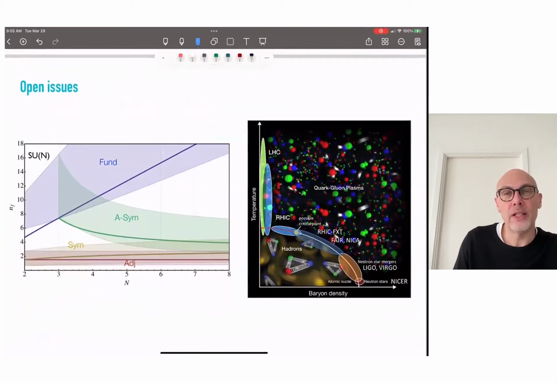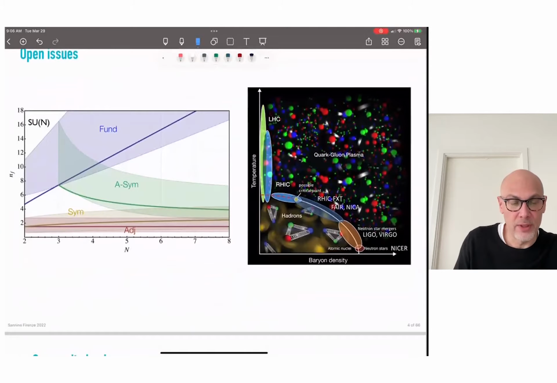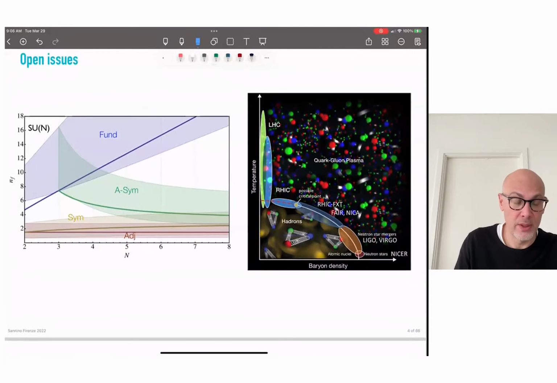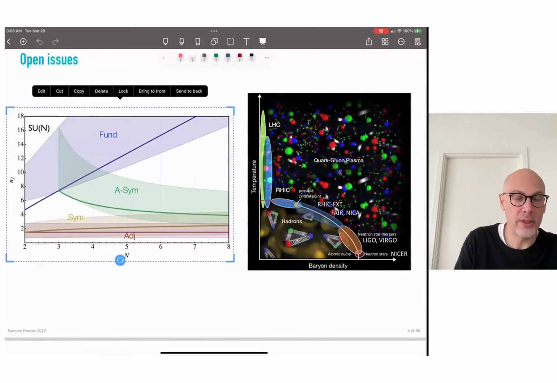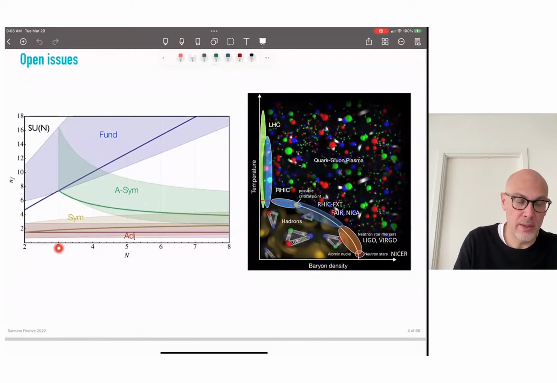In QCD or in QCD-like theories, we have several open issues. I'm sure that in this meeting, you will discuss many of them. On the left-hand side, you have my favorite diagram for trying to summarize the state of the art when it comes to the conformal window, which is, if you take SU(N), and this is an SU(N) gauge theory, and you, for example, have 3 colors, then you actually can change the number of flavors, right?